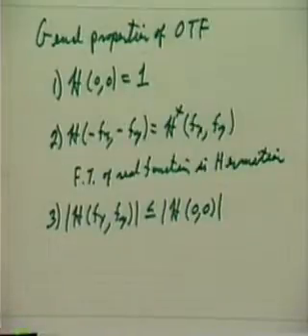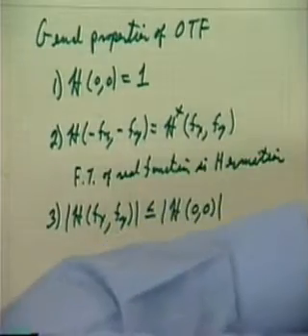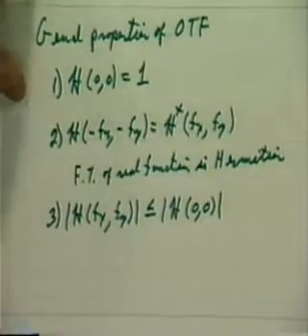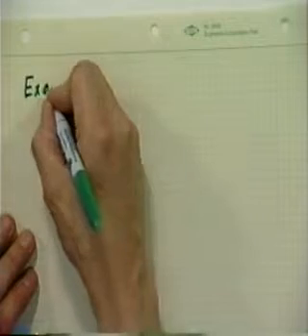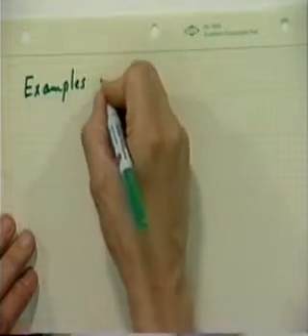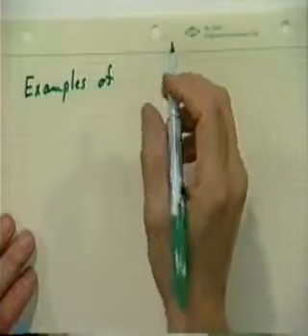Okay, so next we want to look at a couple of examples of OTFs. So examples of, well, I don't want to worry about aberration yet. That's coming in a few minutes.